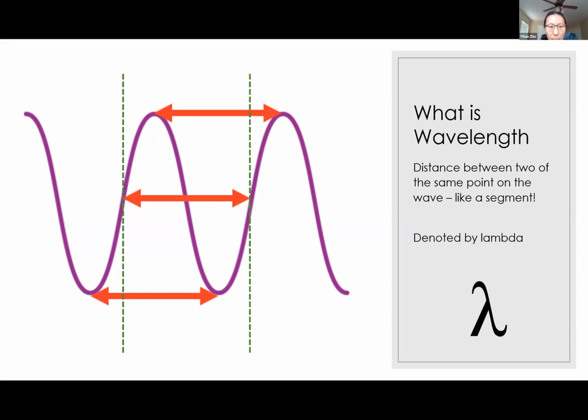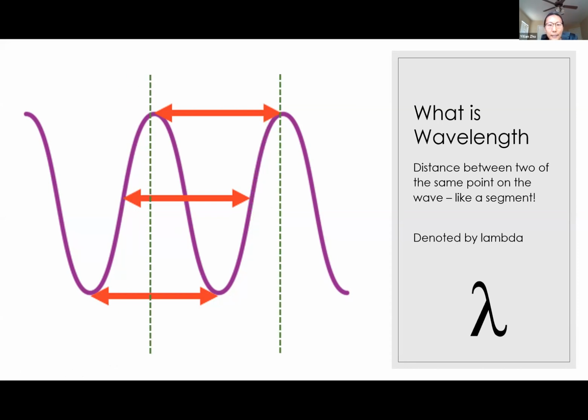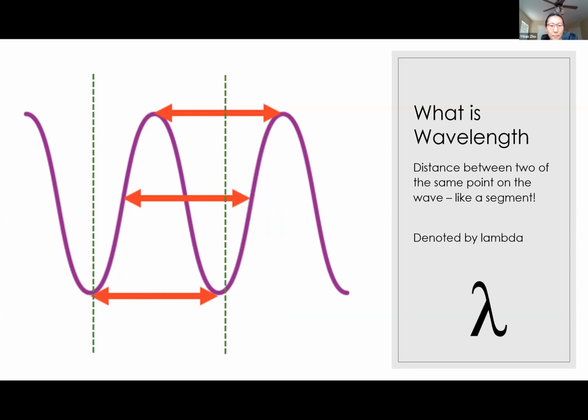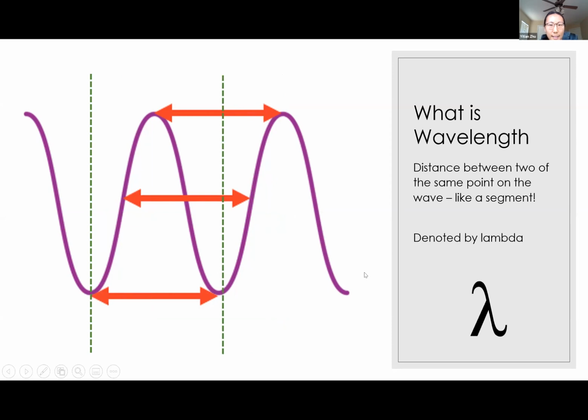You can also measure it from peak to peak. As you can see, it's from the top of the wave, which is the peak or the crest, and then the next time it's at the top. Or you can measure it from trough to trough. So from the bottom of a wave to the next time it's at the bottom.